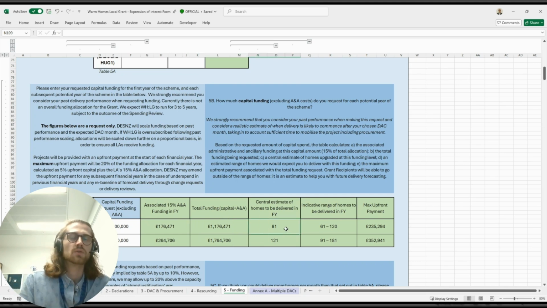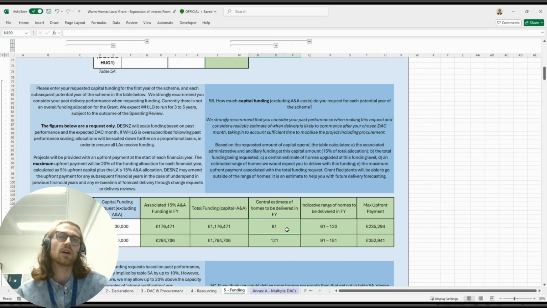The table then also gives an indicative central estimate of the number of homes to be delivered in each financial year, and a range around that. That's based on a value of £12,400 of capital funding per home, which we've calculated based on our modelling is expected to be the average spend per home.